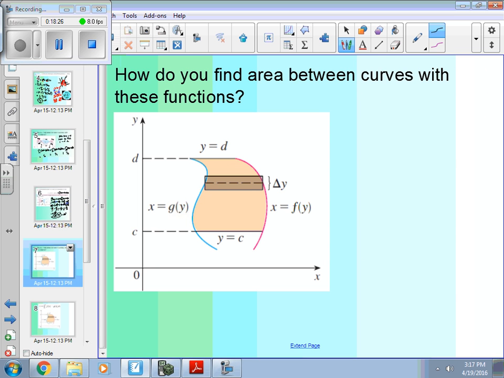All right. How would we find this next area between these two curves with these functions? Well, now we're kind of stuck here. If we were to just do our top minus bottom thing we've been doing, we run into trouble, because for one, the top's not always the same.